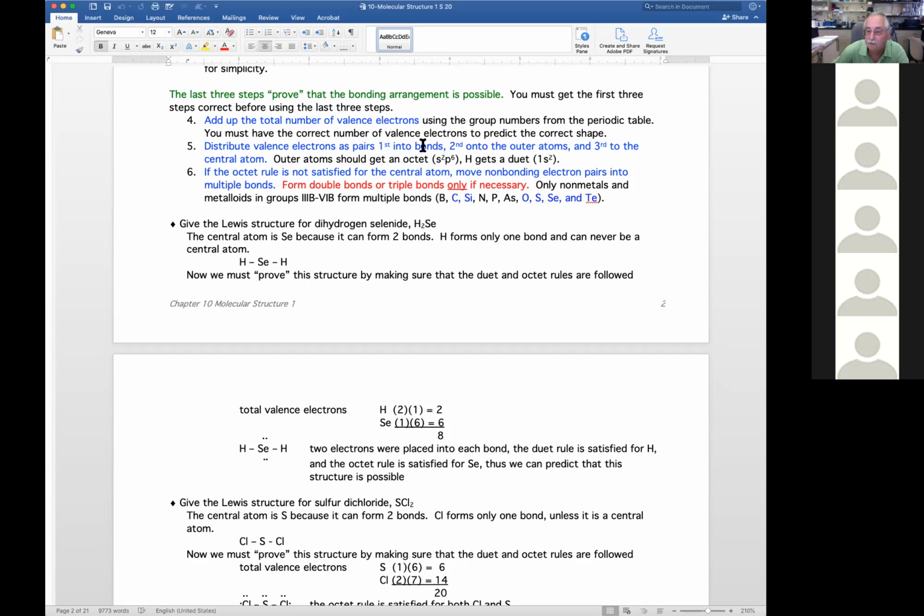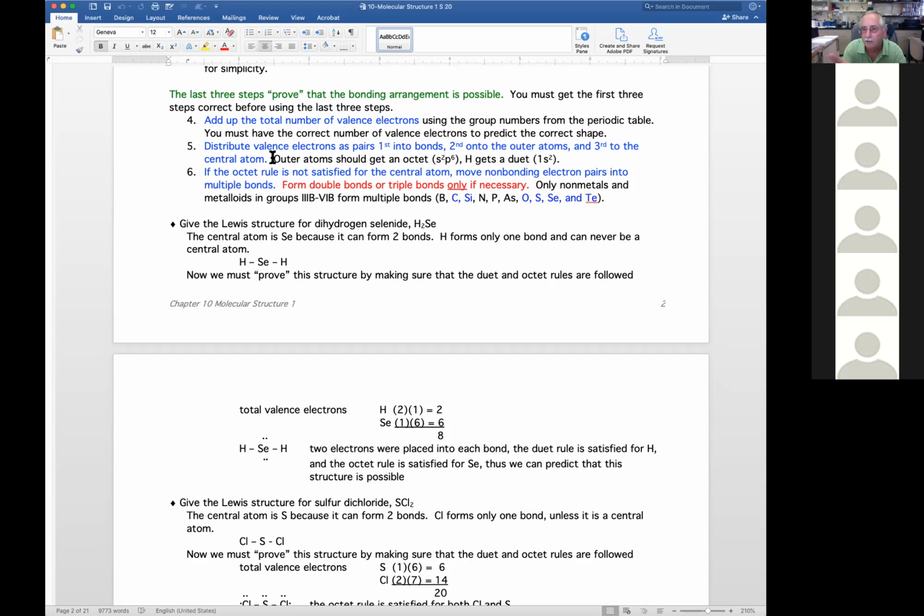Now you've got to put the valence electrons in there. Why do we do it as pairs? Because stability is full orbitals, right? So first we put them into the bonds, and then we put them onto the outer atoms, then finally to the central atom.